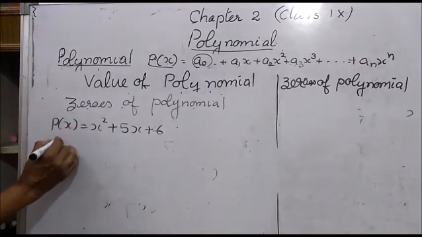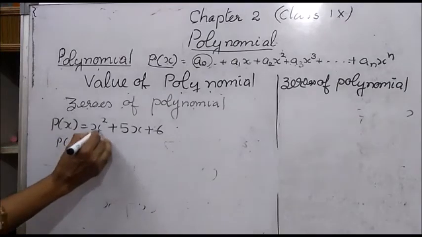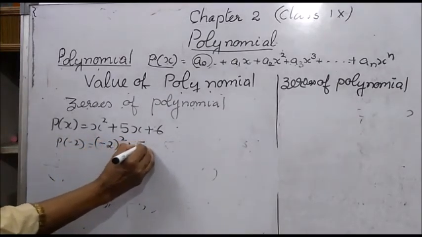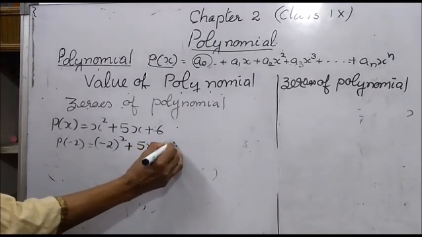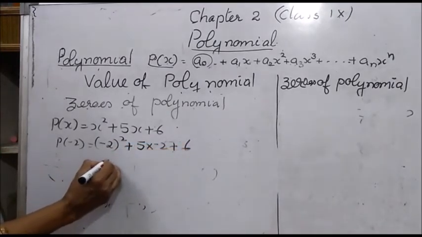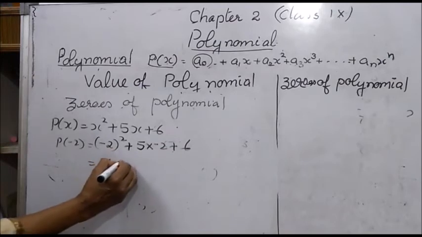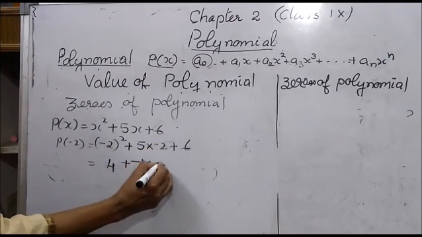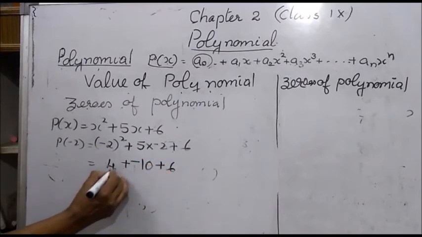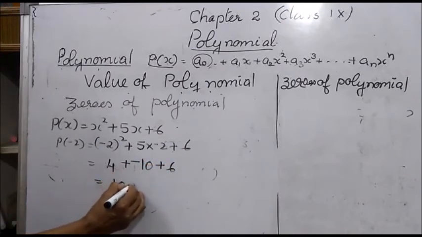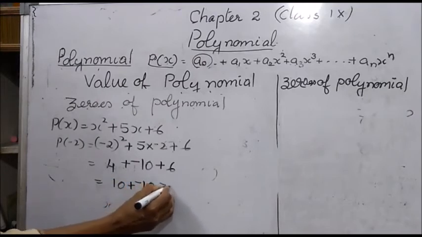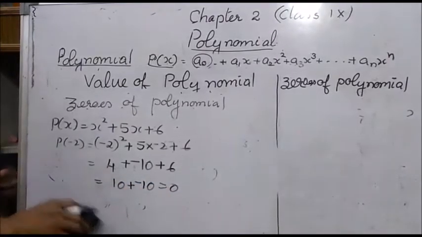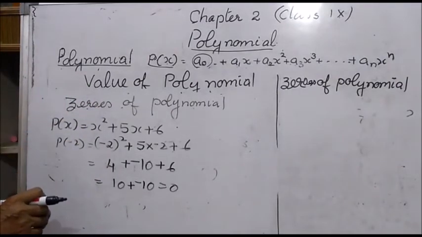What we will get? P of minus 2 equal to minus 2 square is 4, plus 5 into minus 2, minus 10, plus 6. That is equal to 10 plus minus 10 equal to 0. So we can say that minus 2 is one of the zeros of this polynomial.